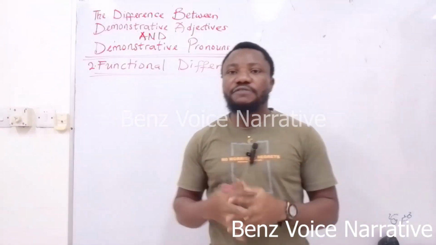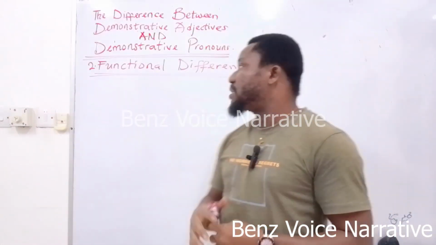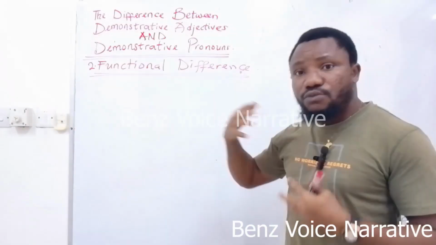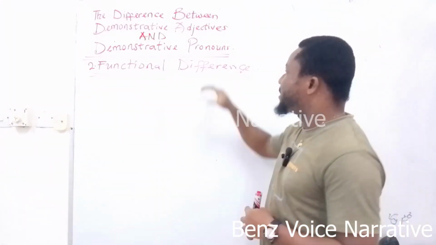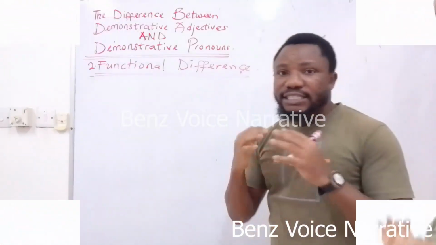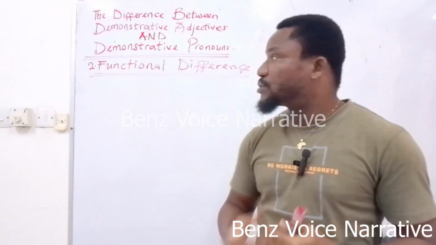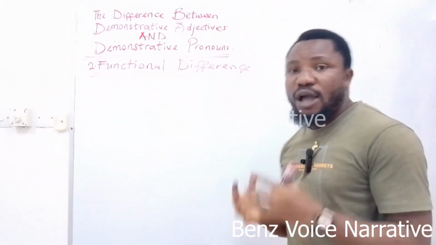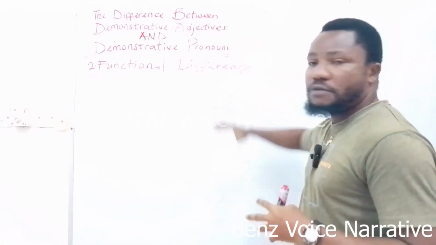Now, by functional difference, I'm talking about the role being performed by each of these concepts. The roles of the demonstrative adjectives and the roles of the demonstrative pronouns. In terms of functional differences, there is not much to talk about on the demonstrative adjectives, whereas we have a lot to talk about under the demonstrative pronouns.